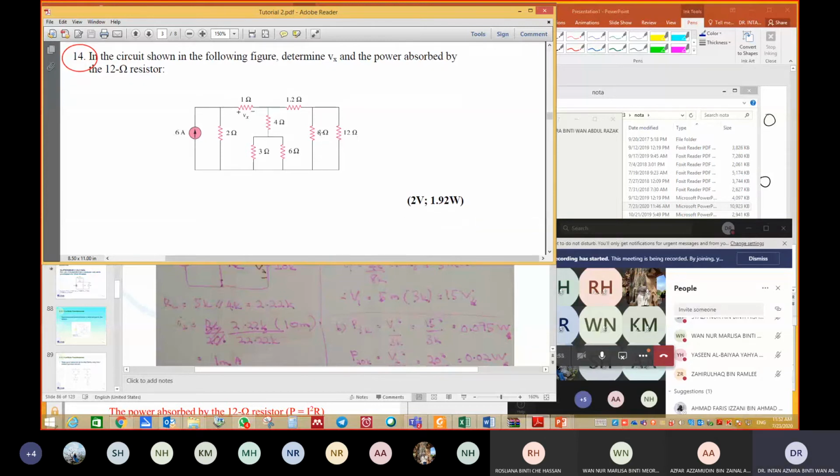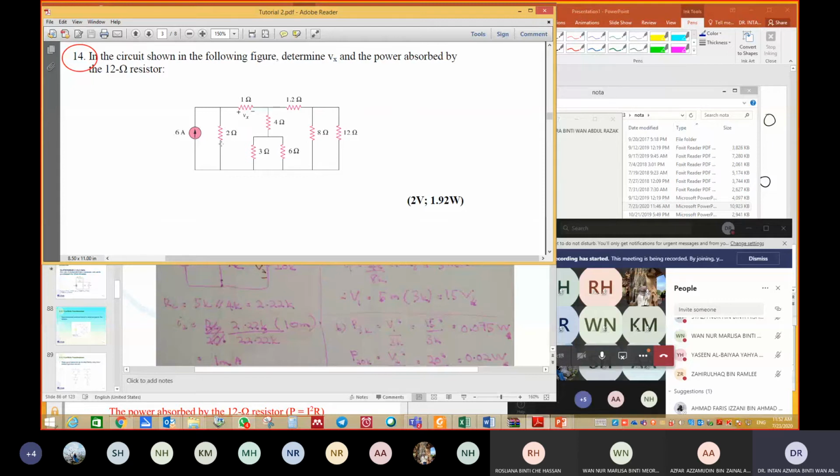Make A parallel with 12 and then plus with 1.2, and then 3 parallel with 6 and then combine with 4, it is series circuit. This part is parallel with previous calculation here, and then lastly we get the parallel circuit.